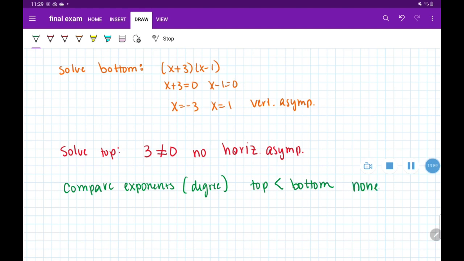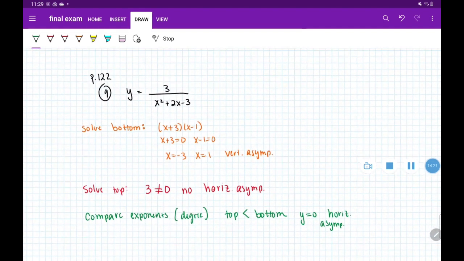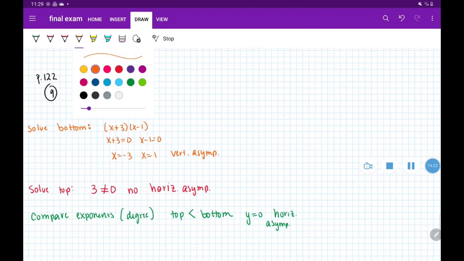So looking at the graph, it looks like there's one. Y equals 0 will be a horizontal asymptote. So I can already begin the graph.